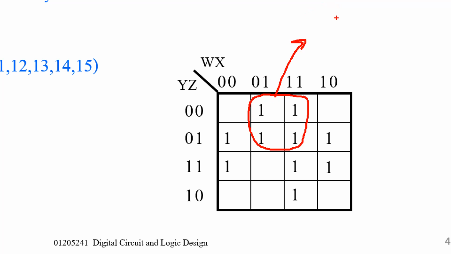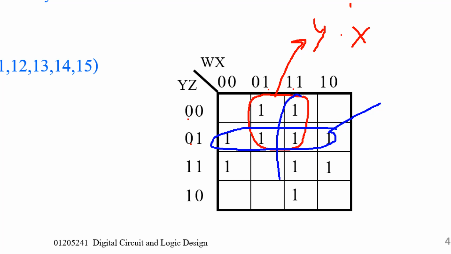Then you can find the product term, for example Y prime and X, right? What else? The product term of this also, right? This one, right? This. This 4 cells. That's all? No. This 4 cells also, right? So all of these are prime implicants.